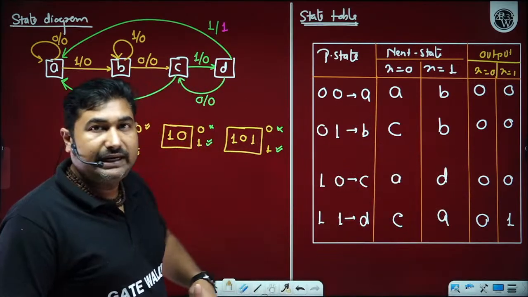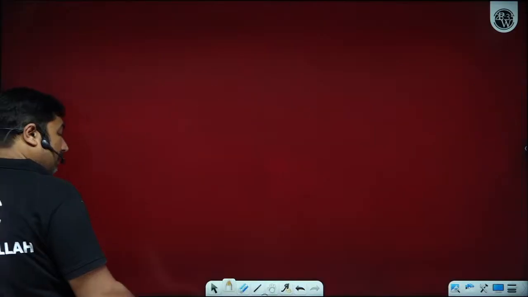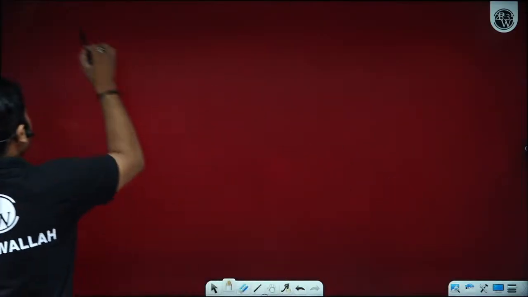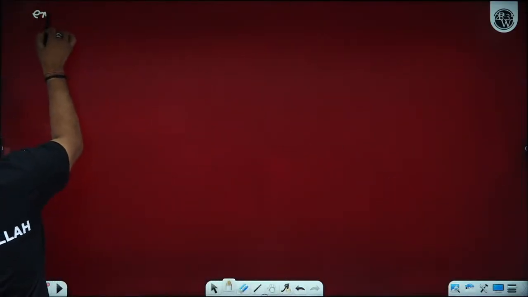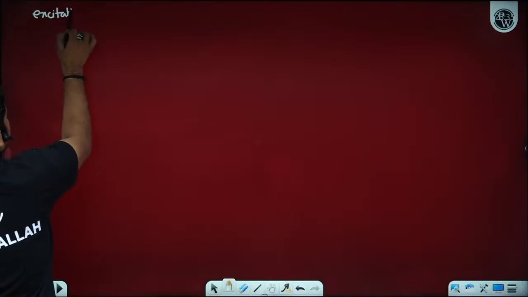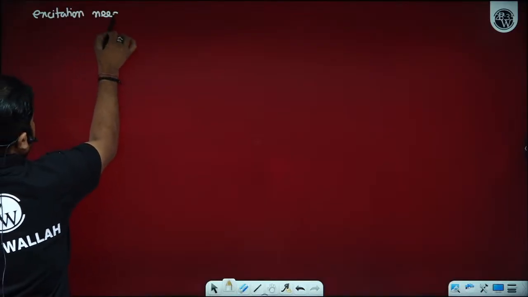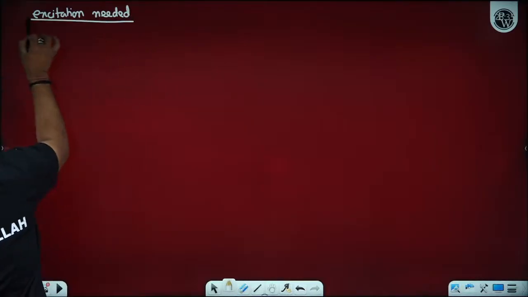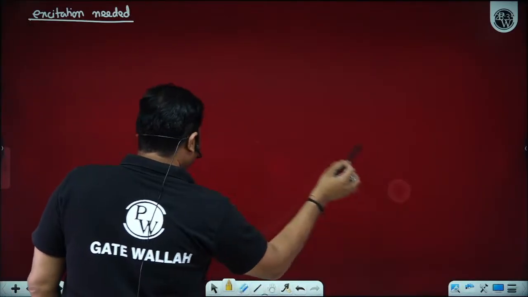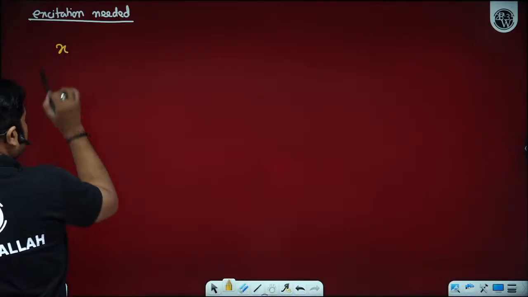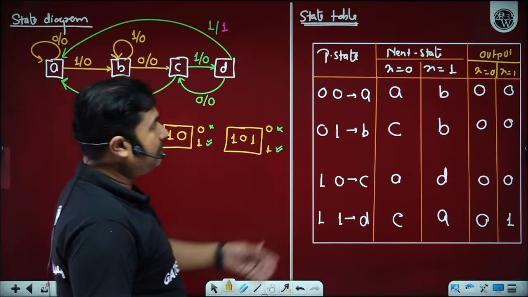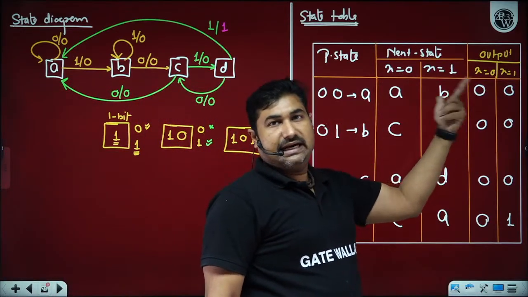Now I am going to write a modified state table along with the excitation table. Please observe, we want to write the excitation needed. How do we find the excitation needed? We have an input x, which has two possibilities, either 0 or 1.